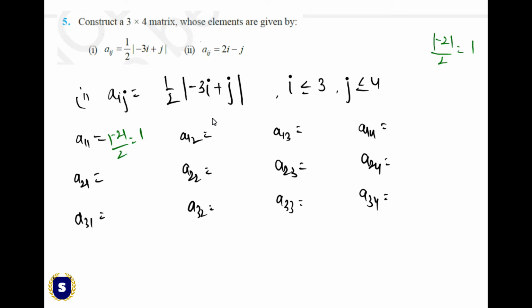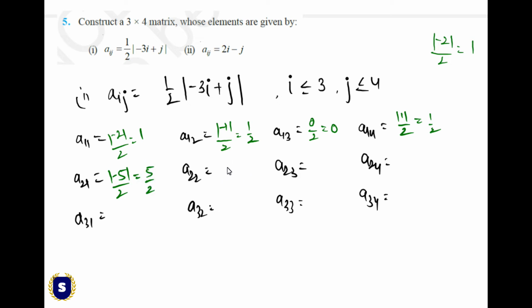Then when it is 1 2, plus 3 and for 2 1 we have minus 6 plus 1, that is minus 5, modulus of it upon 2. So it is 5 by 2.